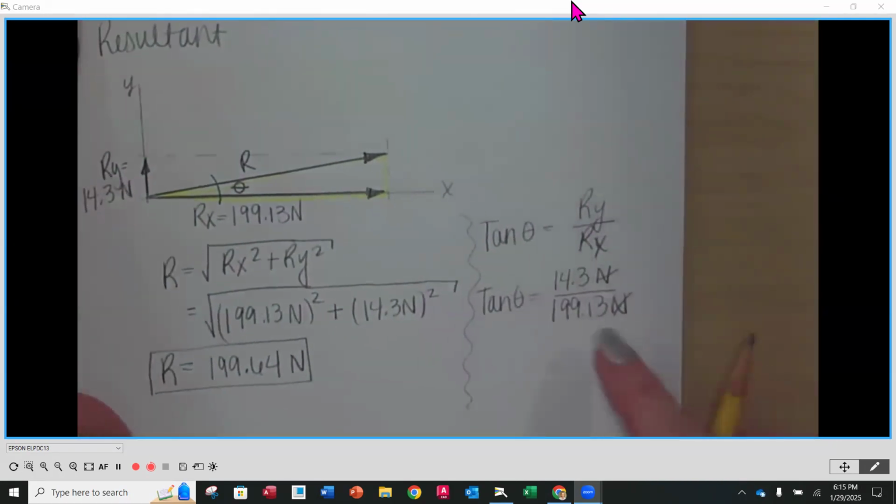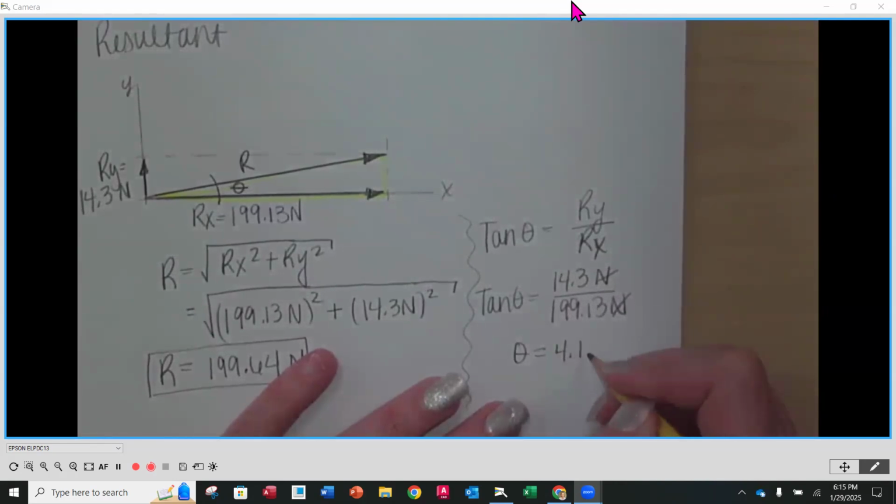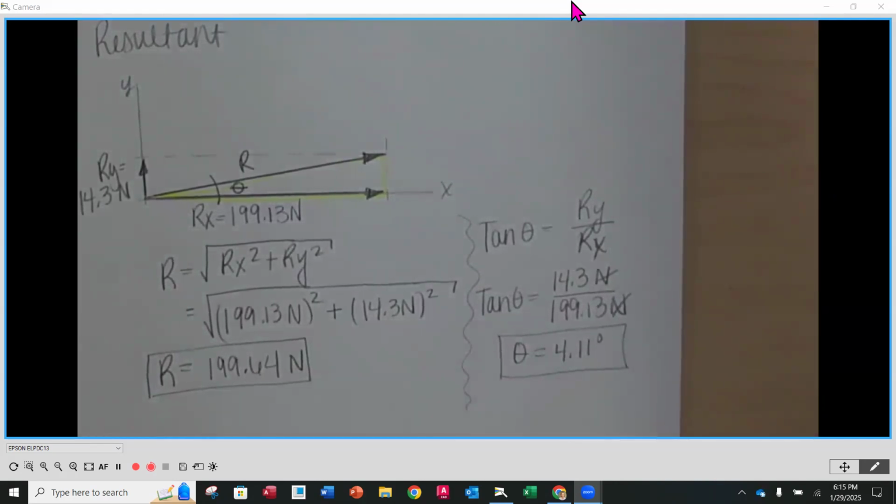Newtons cancel out here, and we'll get a decimal. And then we can take the inverse tan function. And I'm getting 4.11 degrees. They got 4.1.